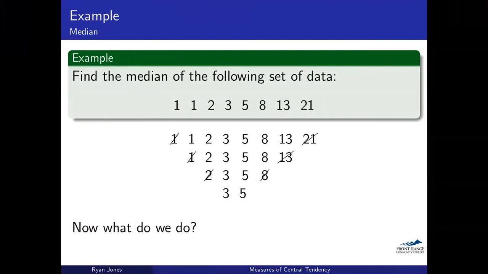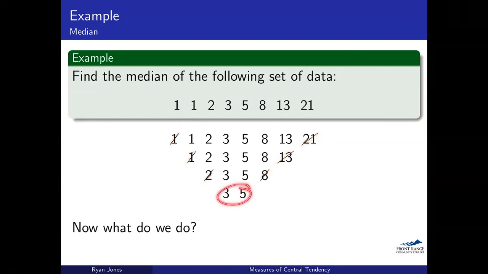Well, when we end up with an even number, when we end up with two remaining values and crossing them out won't do us any good, we have to take the average of them. Whenever you have an even number of data points, here I have 1, 2, 3, 4, 5, 6, 7, 8, you'll end up with 2 data points left as you cross out the ends.